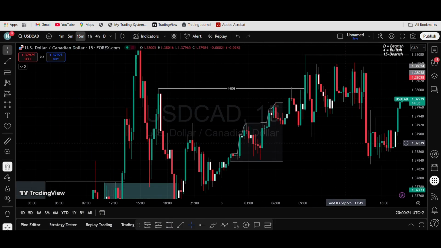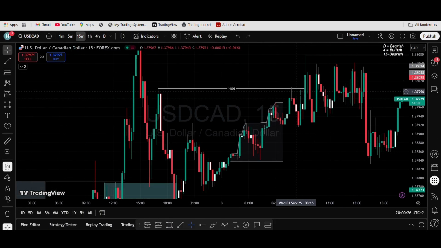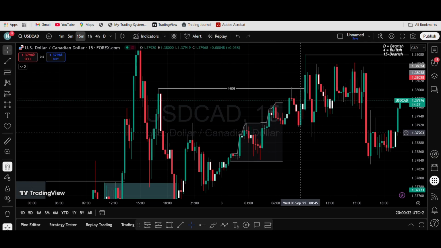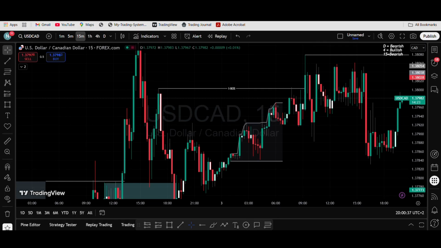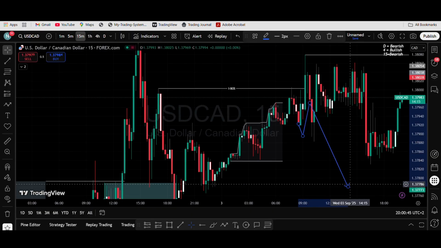I would have been looking for the break of this, which would have indicated a sweep of the internal high, and if this held and came down, I would have been looking for a proper break here and then a retest to continue lower.